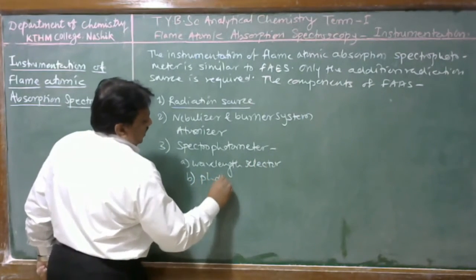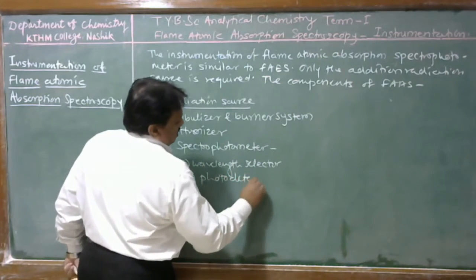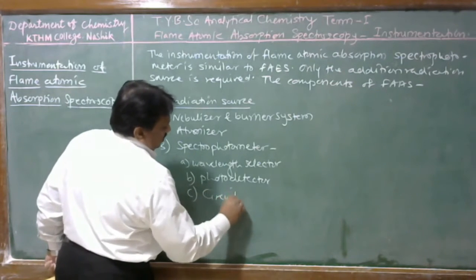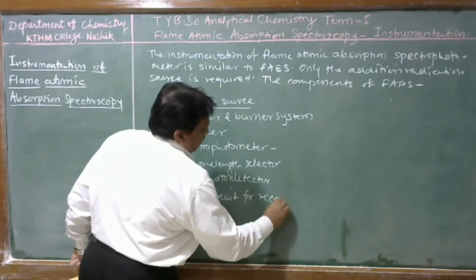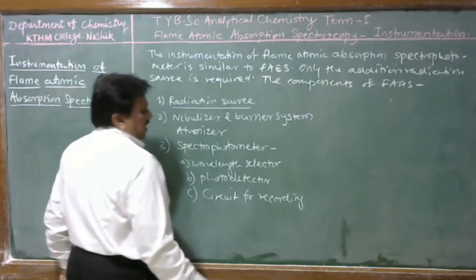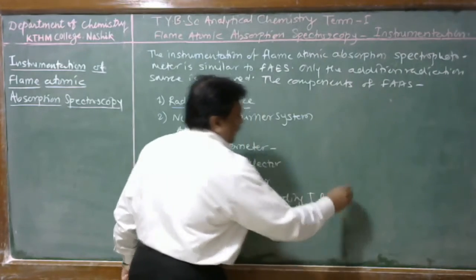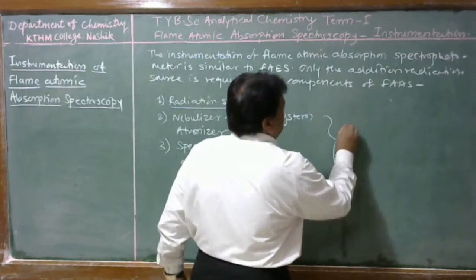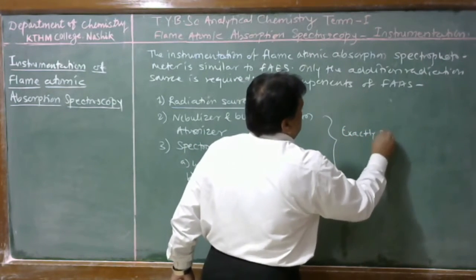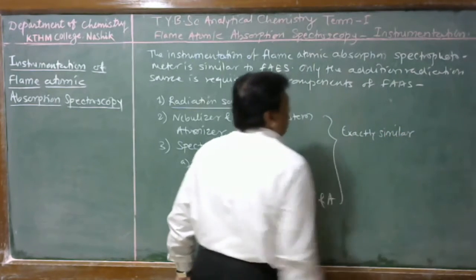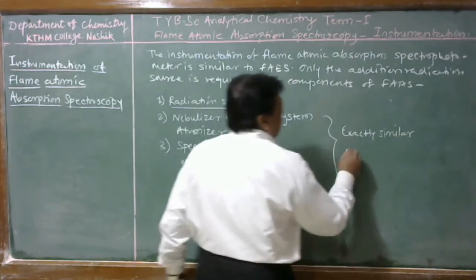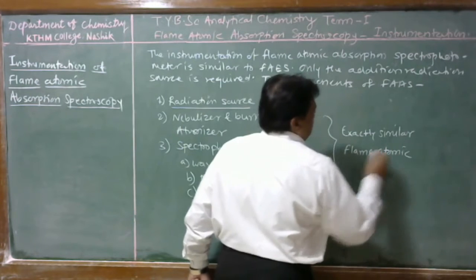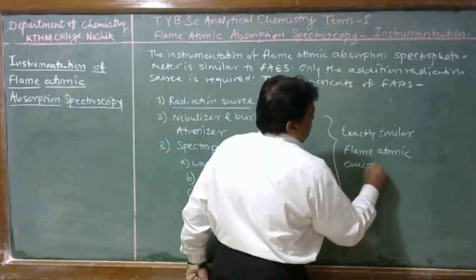Then a photodetector, and an electrical circuit for recording transmittance and absorbance. Therefore, all these components are exactly similar to the components which we studied in flame atomic emission spectrophotometer.